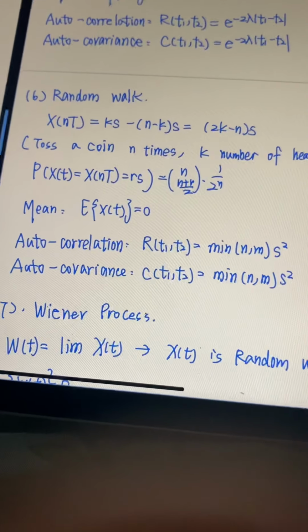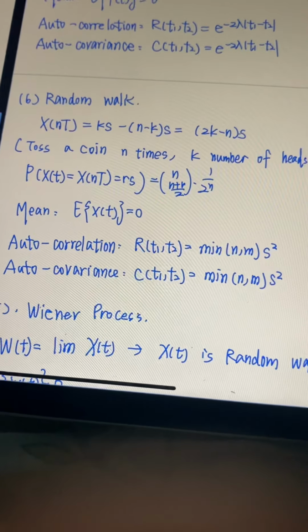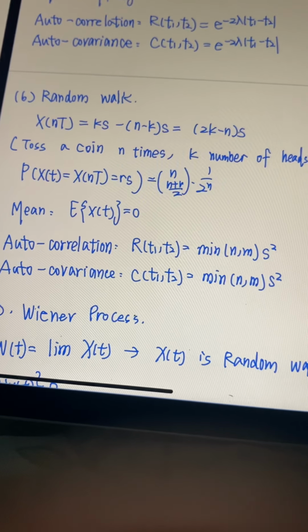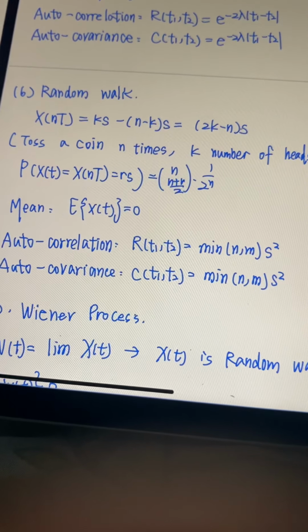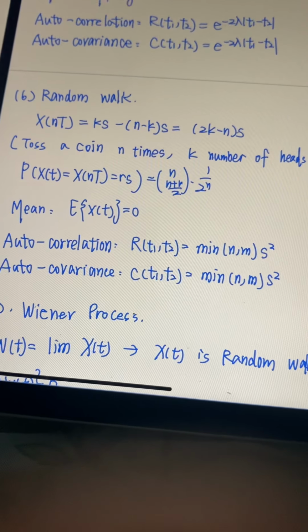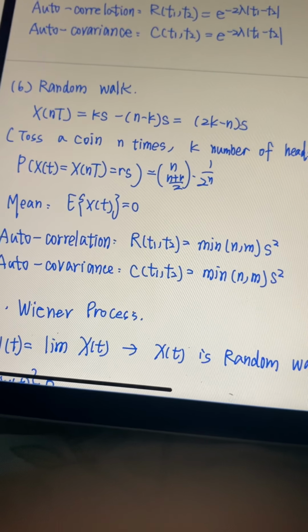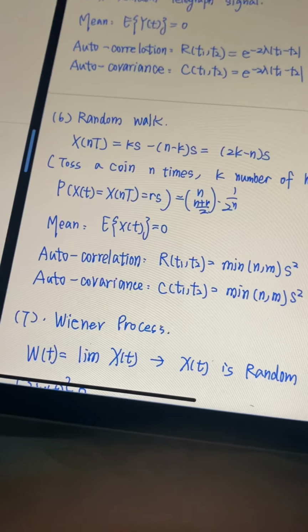So the mean value of it is equal to 0, obviously. And the autocorrelation is also equal to the autocovariance, that is equal to the minimum value of n and m times s squared.